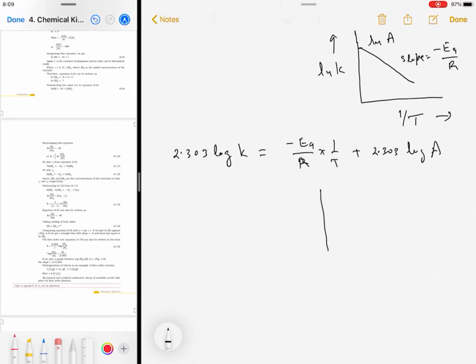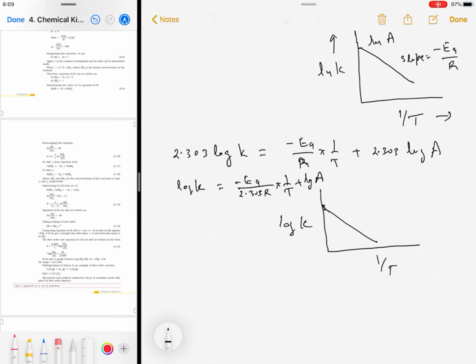Before plotting the graph we can rewrite it as log of K is equal to minus Ea upon 2.303 R into 1 by T plus log of A. So if we plot a graph between log of K and 1 by T, the graph is like this.